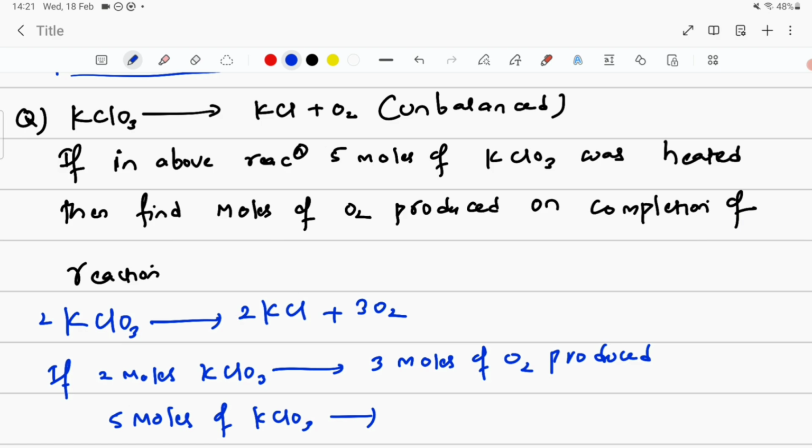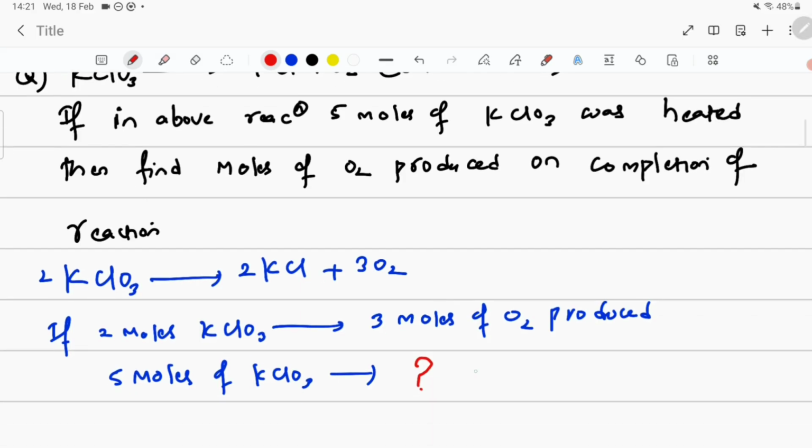Let us understand how to find it. So here 5 moles of KClO3 giving dash moles of O2. Directly, what can we do? In such cases, whichever values are diagonal to each other, you multiply: 5 into 3, divided by the one which is diagonal to the question mark, written as denominator. So that is 7.5 moles.